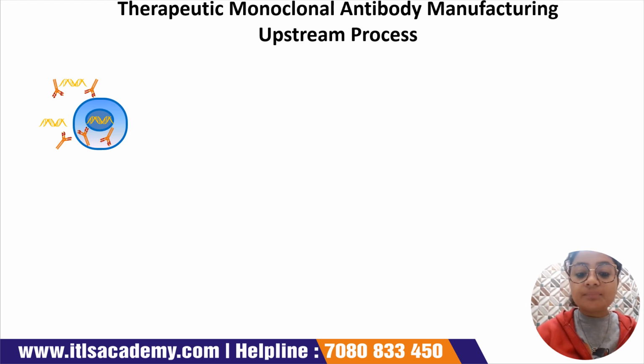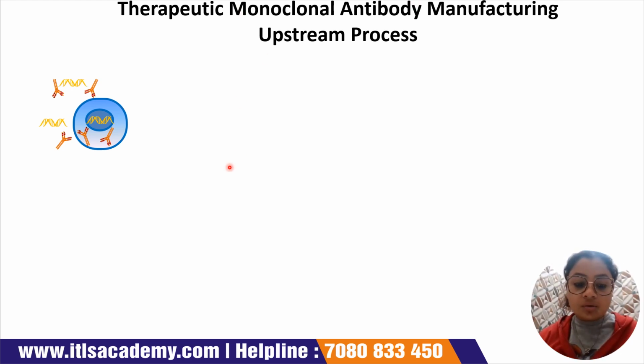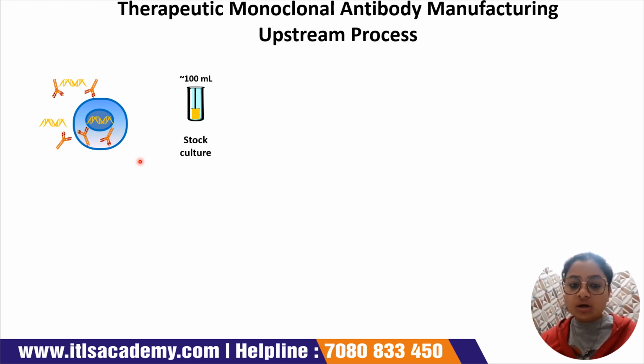Now coming to the upstream process. How will you upstream the therapeutic monoclonal antibody manufacturing process? This is the B cell that we have, and inside the B cell we have the chromosome, the DNA or genetic material, as well as the different antibodies. We take a stock culture from this B cell, containing 100 ml of the suspension.